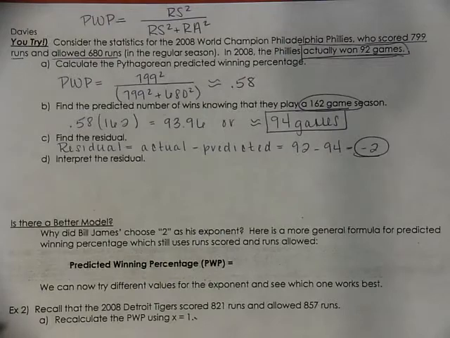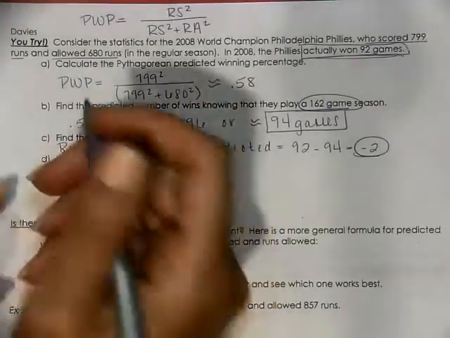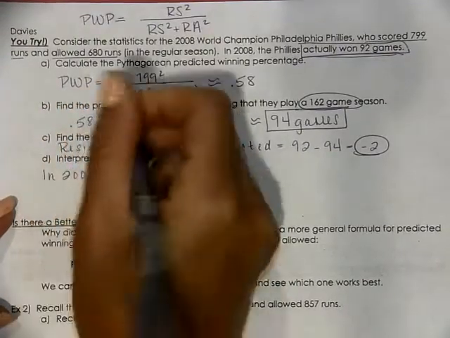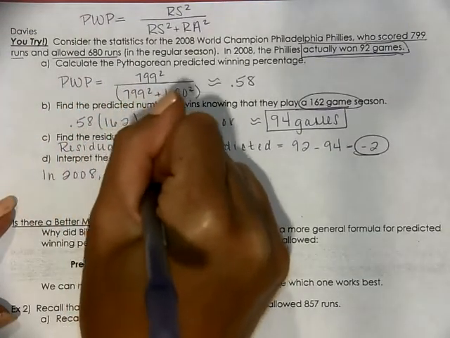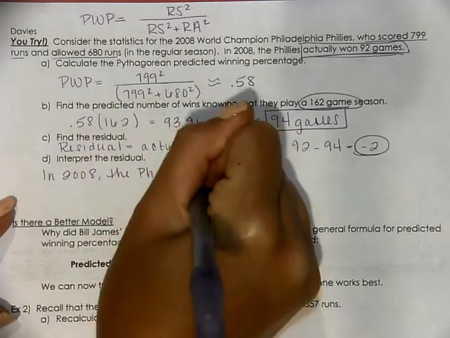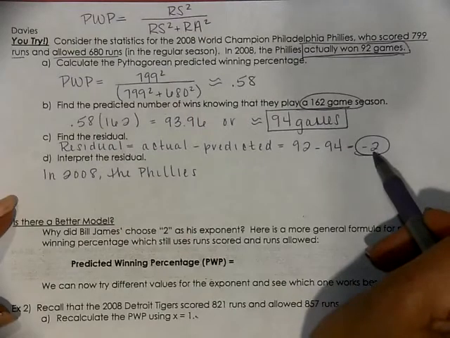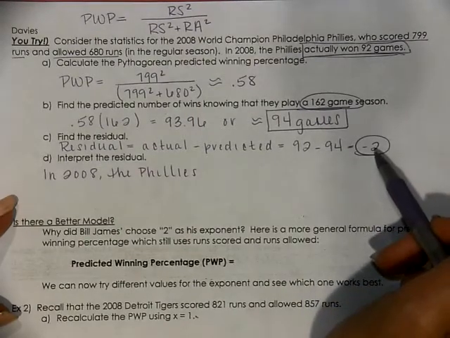So interpret this residual. What does this mean? It means in 2008, the Phillies won 2 fewer games than predicted because their residual was negative, so that means their actual was less than their predicted.